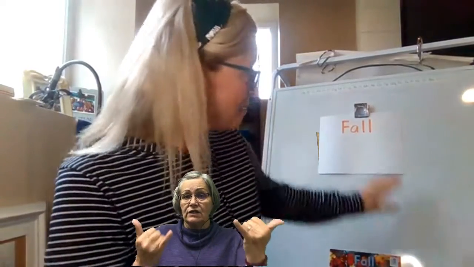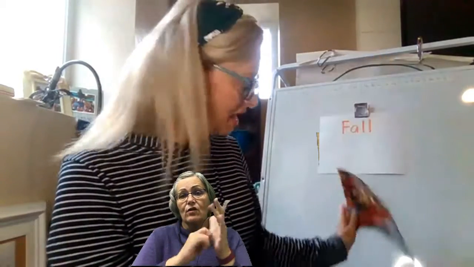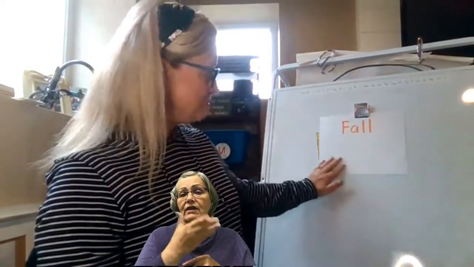The rest of the book, though, you get to be creative with. And we're going to start today by adding some color to our cover, just like this author did. Okay? Now we're going to try to make it as much nonfiction as we can, meaning we're going to use real colors and we're going to talk about real things that happen in fall. We're not telling a story. We're talking about fall and nonfiction facts. Okay? All right. So what might I add to my cover?